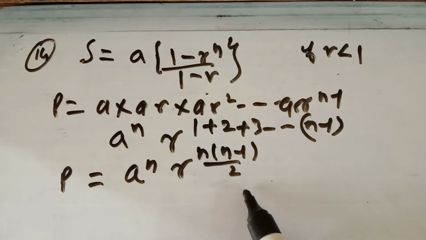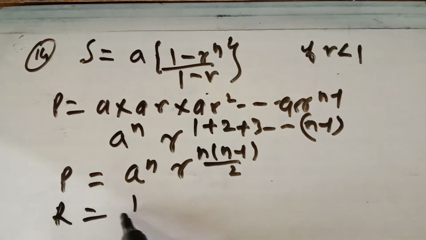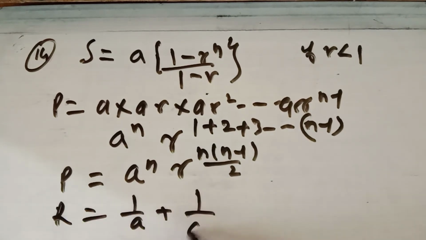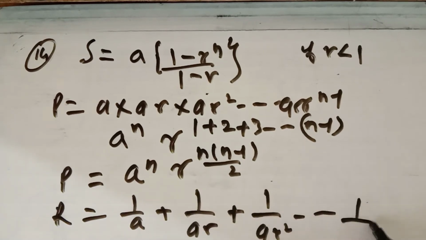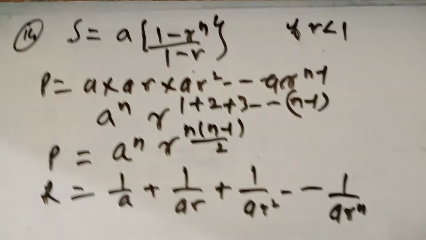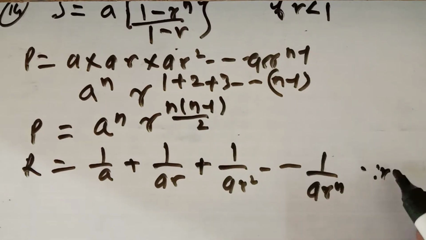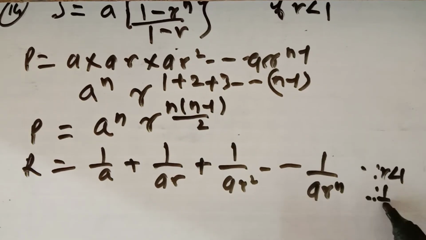So this is the value of P, and R is given as the sum of the reciprocals of the terms of the GP, like this. Now because r is less than 1, therefore 1 upon r will be greater than 1. So here the formula for greater than 1 will apply.